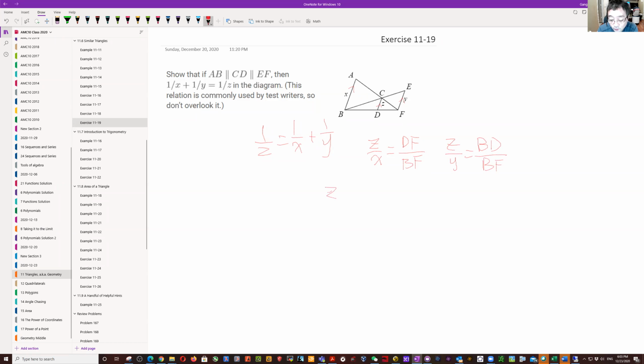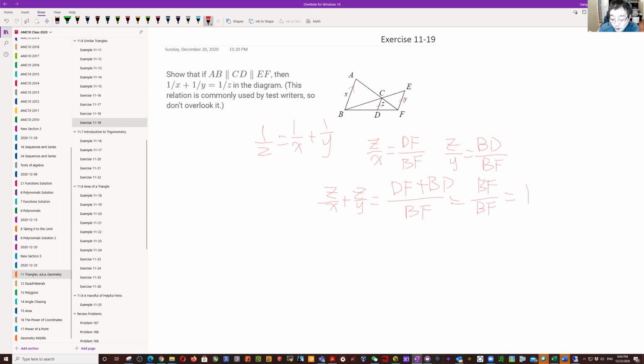So Z over X plus Z over Y equals DF plus BD over BF, and DF plus BD is equal to BF, so BF over BF equals 1.